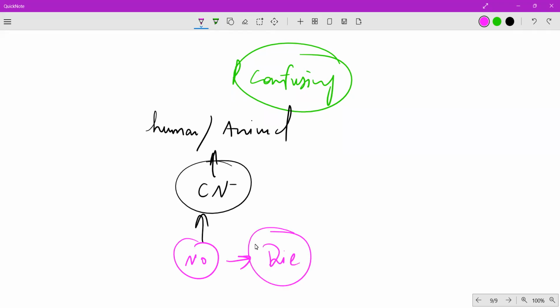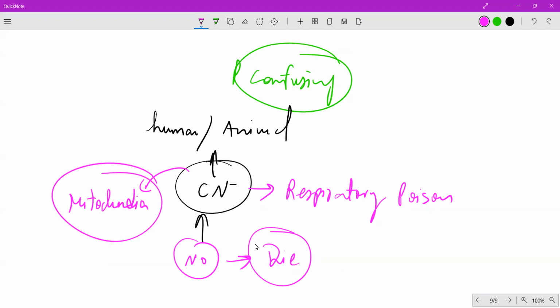What does cyanide do? Cyanide is a respiratory poison. What is the target site of cyanide? We know the target of cyanide is basically mitochondria.